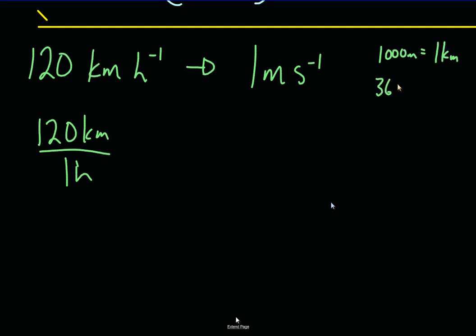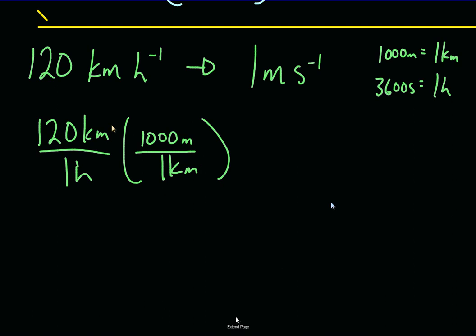And 3,600 seconds is equal to 1 hour. That's our other conversion. So we do this in 2 steps. We have 1,000 meters for every 1 kilometer. That's going to deal with the top. We're not dealing with the hours here, and it's just 1 times 1, so it stays the same. Kilometers will go away, and we'll get 120,000 meters every 1 hour.